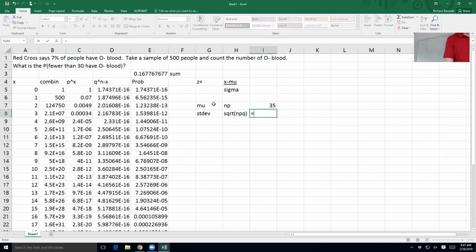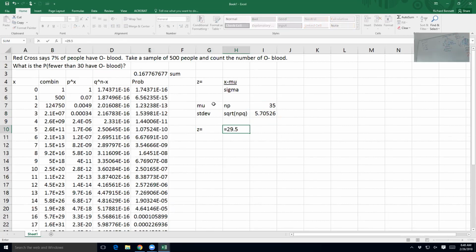Okay? My standard deviation, the square root of N, which is 500, times P, which is 0.07, times Q, which is 0.93. 5.705, okay? So here we go, Z equals, what's my X? 29.5, remember?